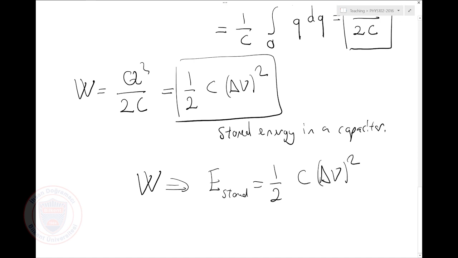So let's say I have a 5-volt battery, but I want to store 1000 joules of energy. What do I need? I need a capacitor with the biggest possible capacitance, right? I want to increase my capacitance so that I can store more energy for the same potential difference.